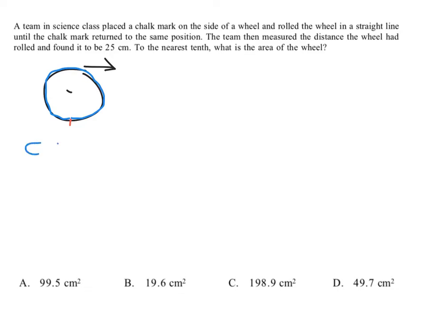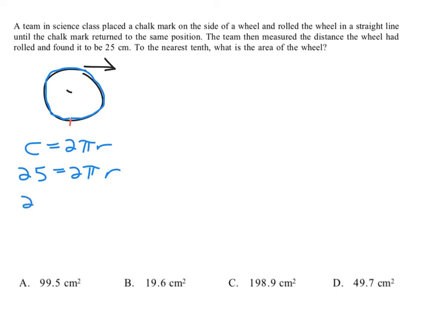Well, circumference is equal to 2 pi times the radius, right? And if the circumference is 25, we say 25 is equal to 2 times pi times the radius. We need the radius, so we're going to say the radius is then whatever we get when we divide both sides by 2 pi.